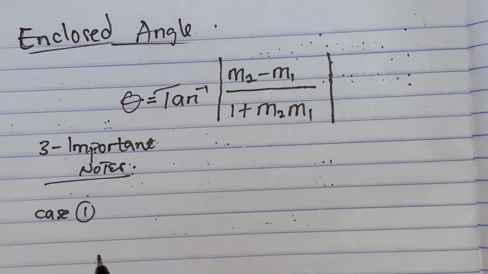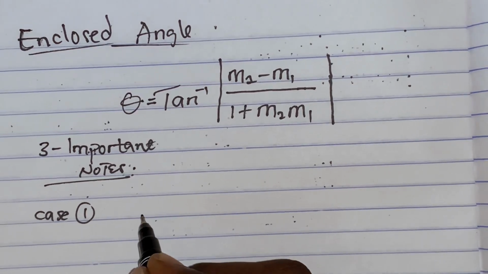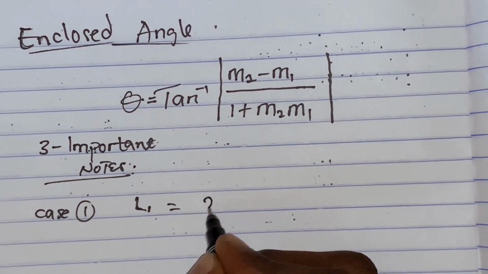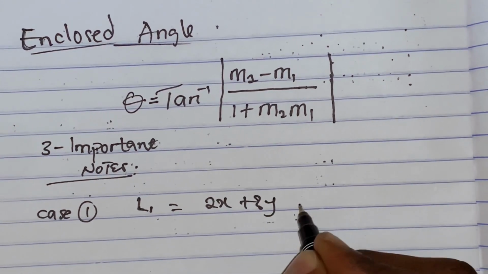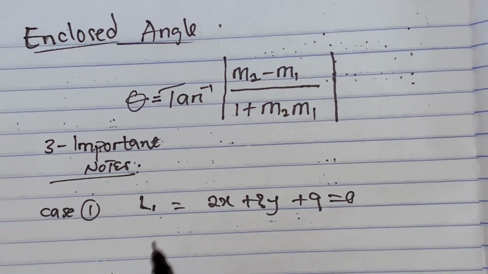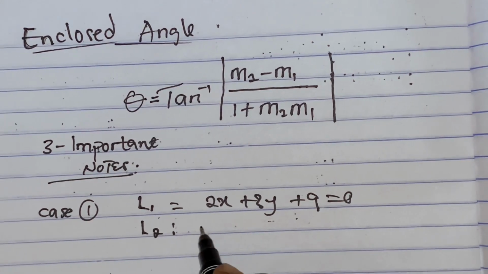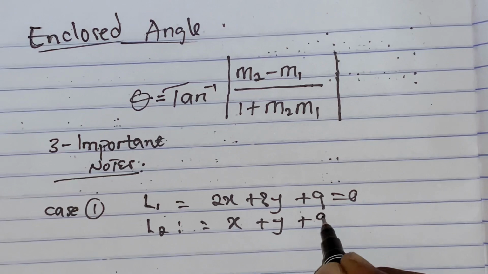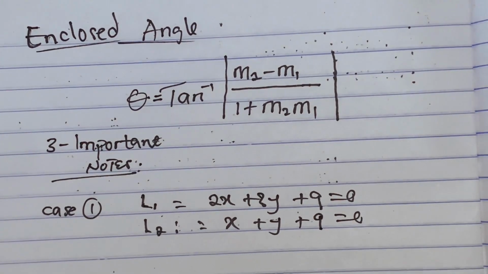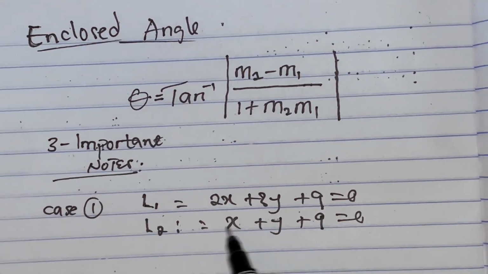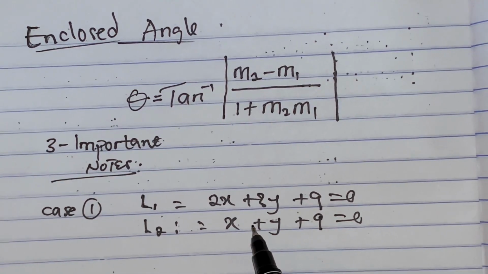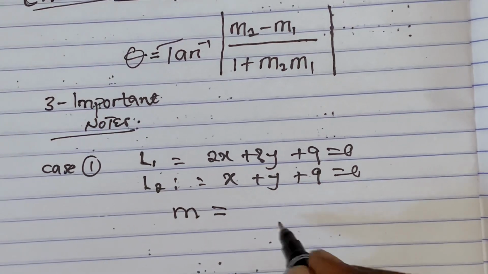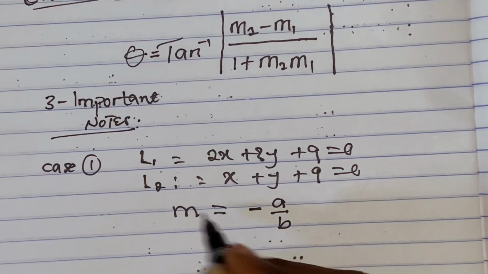Case 1. You might be given two lines. L1, for example 2x plus 3y plus 9 equals 0, and L2 as x plus y plus 9 equals 0. So to find the gradient of this line, always use this formula: m equals negative a divided by b.